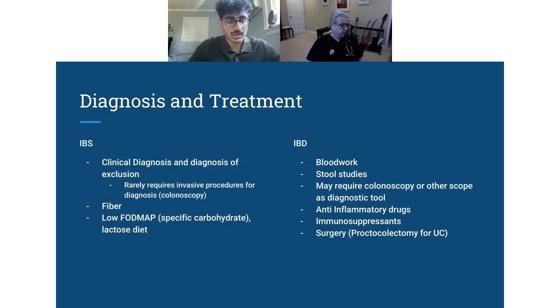It would be the ultimate refractory procedure that would be performed. Generally, it's done for ulcerative colitis, and it's a proctocolectomy where the end of the colon is removed to prevent any risk of further inflammation or reduce the risk of colon cancer as well.